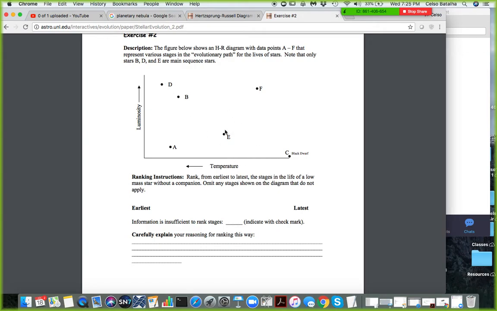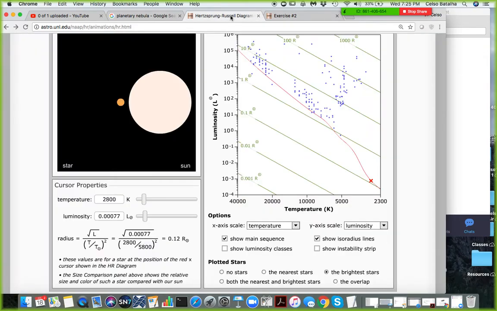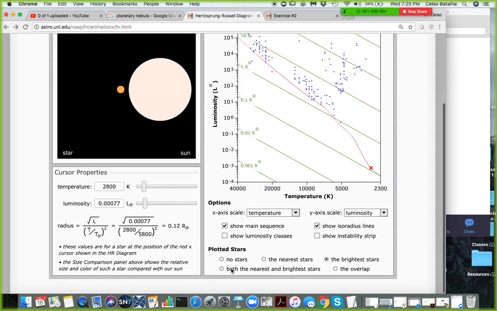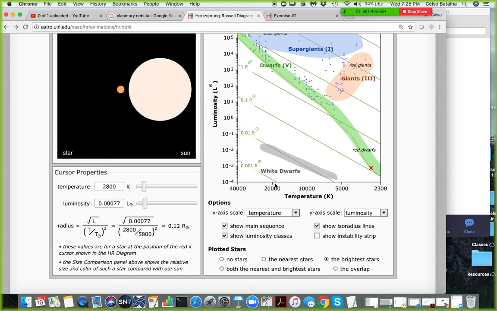So a low mass star without companion could be E, right? Certainly. That is main sequence. That's the earliest. And then it evolves to become a giant, supergiant. Now, if these are hot, these are supergiants, because giants, if I can show the class, there you go.